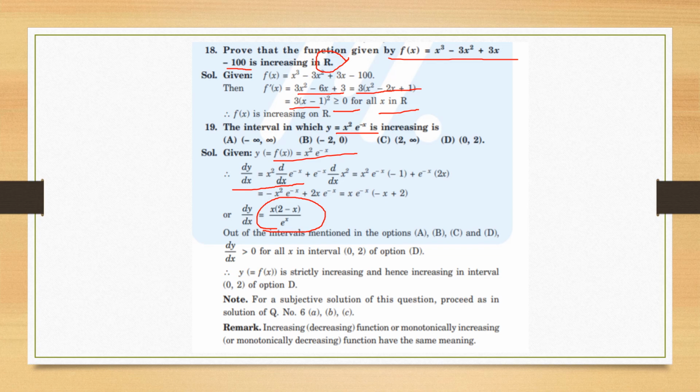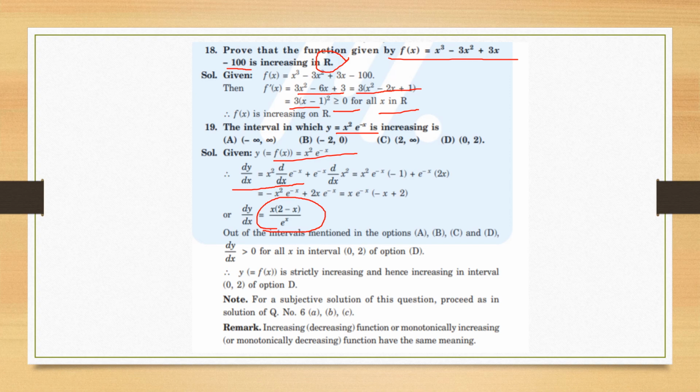So what will happen is, when I find the critical points, I'll get the intervals. If I put x as 0, there is no problem, because you know that anything raised to power 0 is 1. Now I should check when my derivative is positive.